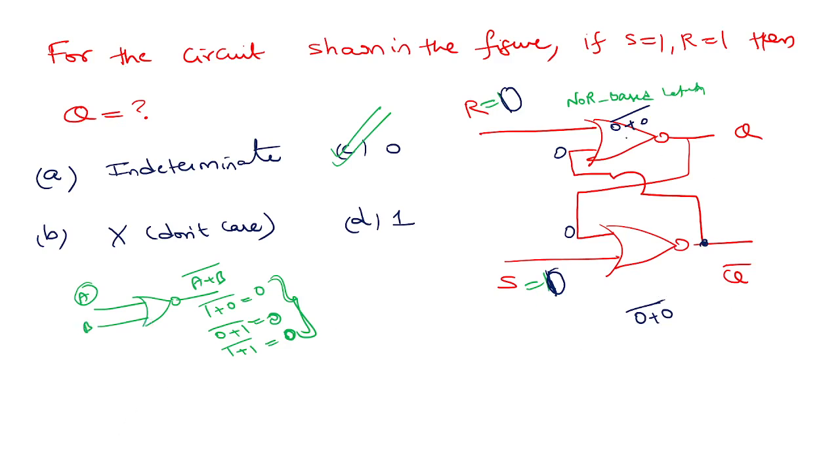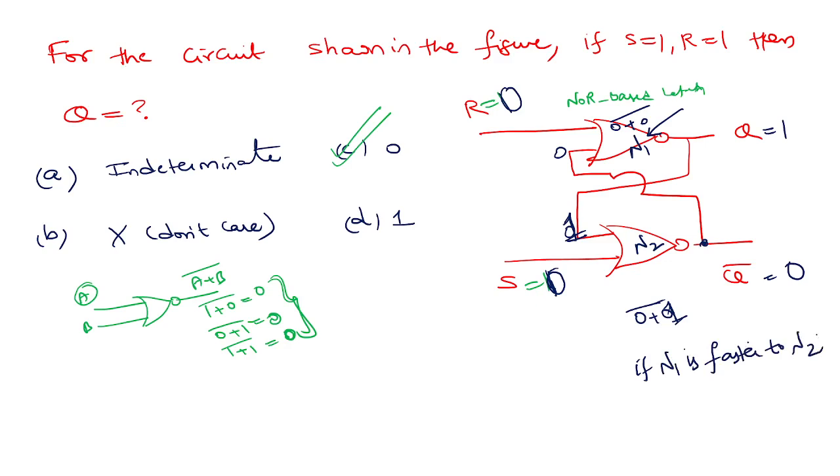That depends on which gate processes faster, right? If N1 processes faster, then Q will become 1. Otherwise, Q bar will become 1. If this processes faster, then this one will be applied here, this one will come here, 0 plus 1 whole complement will be 0, right? If N1 is faster than N2.